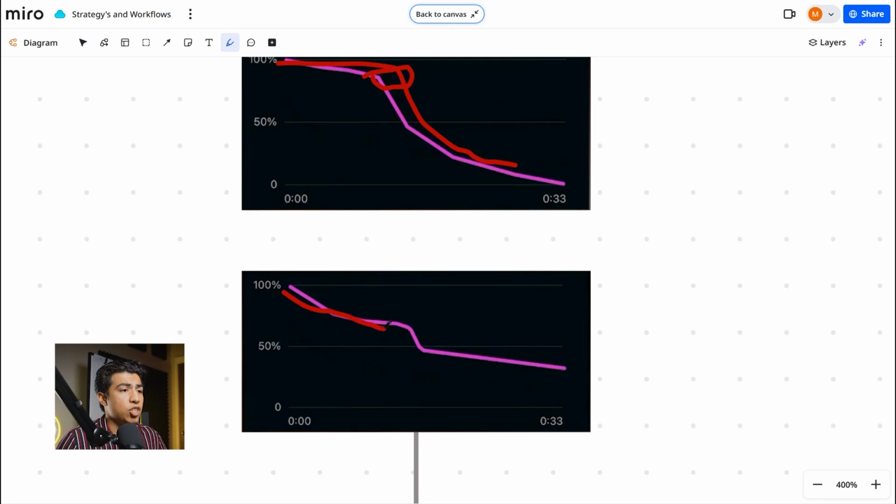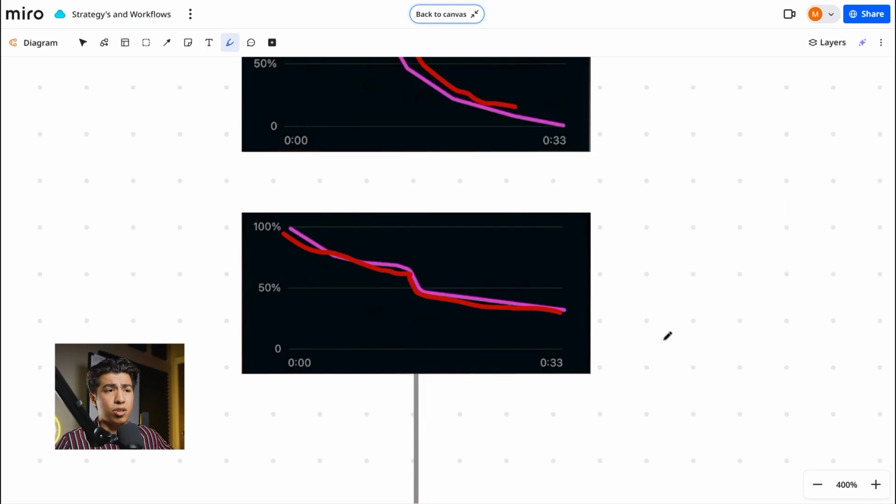You see right here in this retention graph, people are watching, then immediately they stop watching because it just stopped connecting with them. They felt like, okay, this person put so much effort in the beginning, but then doesn't really care about the middle and end. So that's why people are going to just drop off.